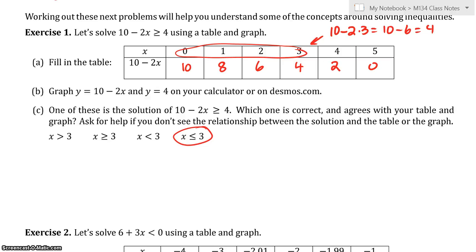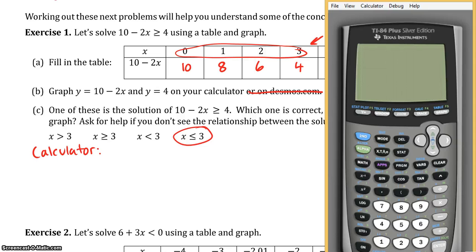Now we're going to be able to do this algebraically as well, but let's just look at it visually. I'm going to do it on a calculator. How would we graph that on our calculator? Well, let me get out a calculator here and show you. Oh, I lost the calculator. There it is.